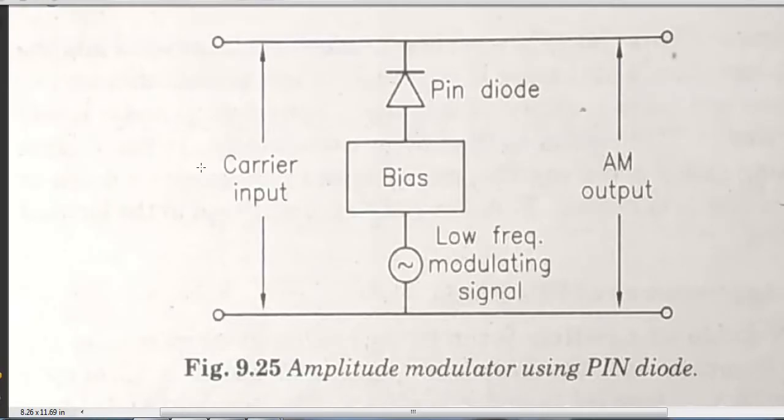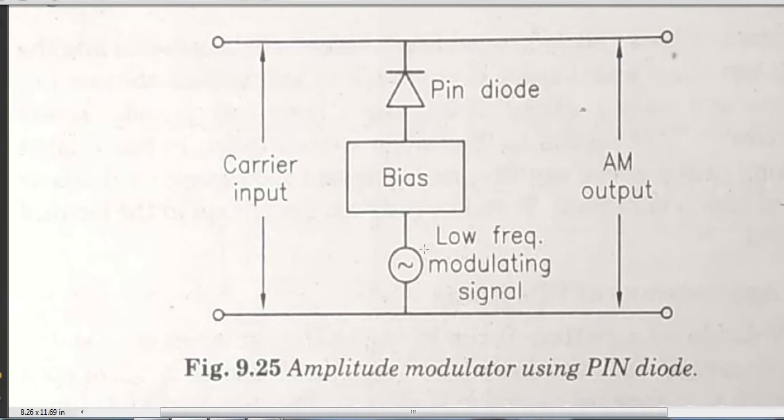Now the second application of the PIN diode is as an amplitude modulator circuit. Now the diode is kept at low reverse bias. This is the PIN diode, which is kept at low reverse bias and in series with the low frequency modulating signal. This is the message signal.